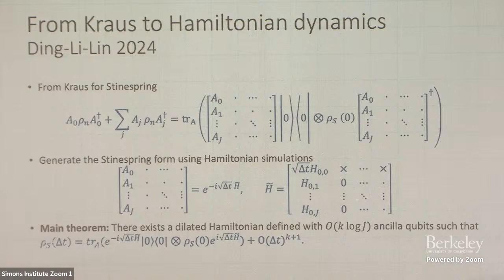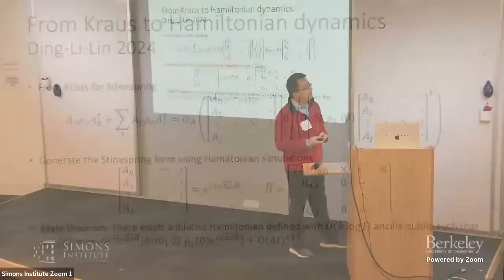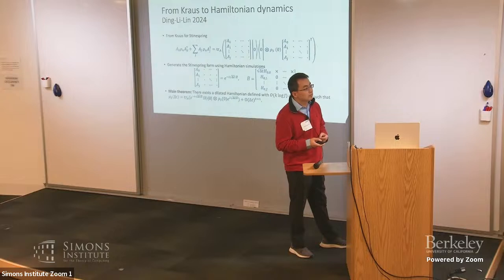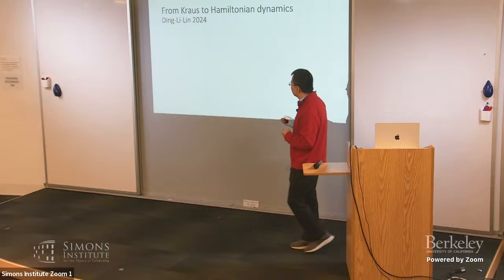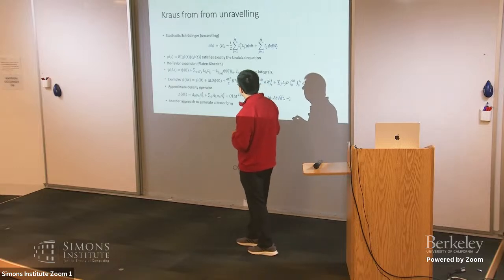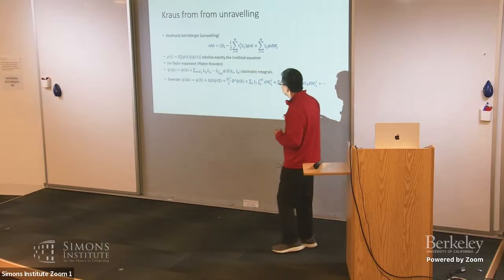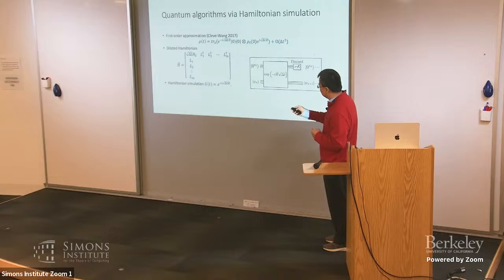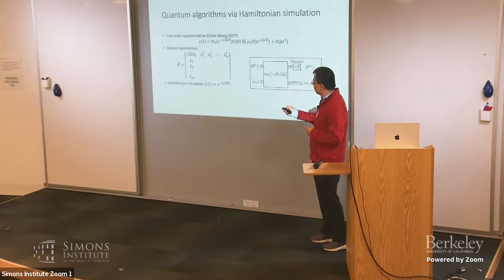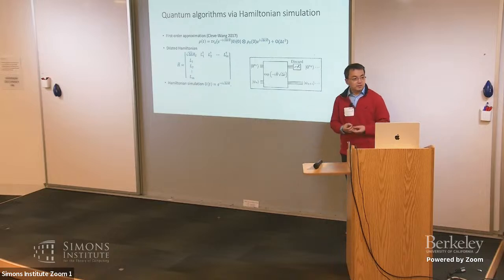So if I only wanted order delta t, is it easy to get the Hamiltonian? That was the one in the previous slide. If you just want a first order one, you just go with the one that Chunhao had in his paper. This is slightly different, since his paper actually treated this separately, but it's more or less this Hamiltonian.